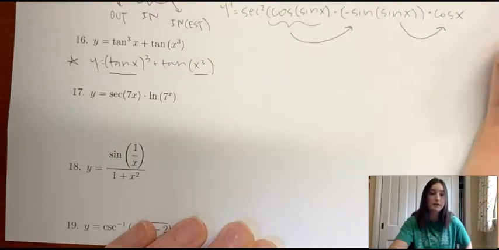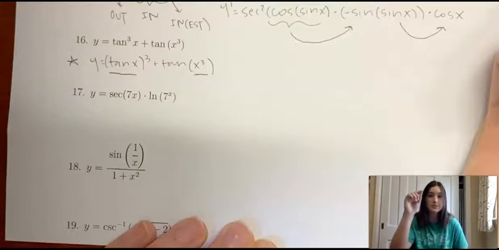But then on the second part, your inner function is the x cubed, because that exponent is attached to the x. But in the first part, the exponent is attached to the tan x.